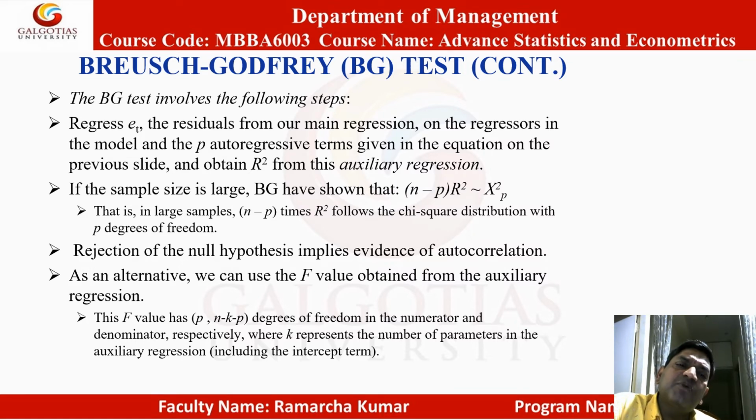Rejection of the null hypothesis implies evidence of autocorrelation. As an alternative, we can use the F value obtained from the auxiliary regression. This F value has p and n minus k minus p degrees of freedom in the numerator and denominator respectively, where k represents the number of parameters in the auxiliary regression, including the intercept term.